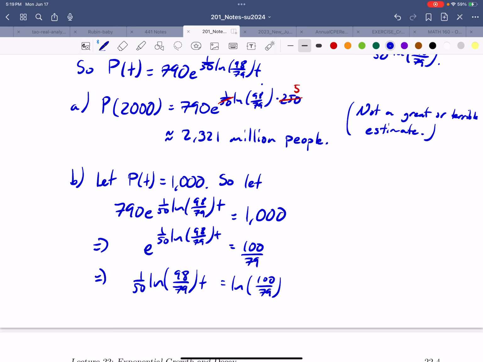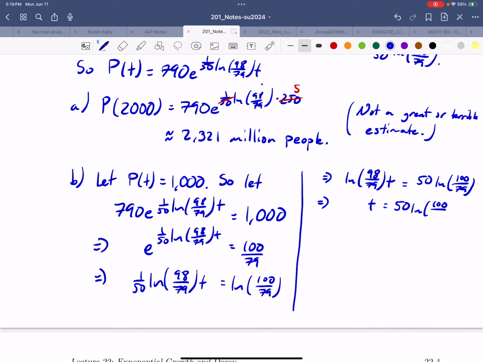And then we multiply both sides by 50. And we get ln of this times t equals 50 ln of this guy. And then our final answer is this.